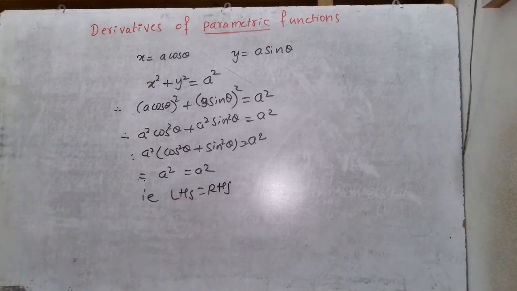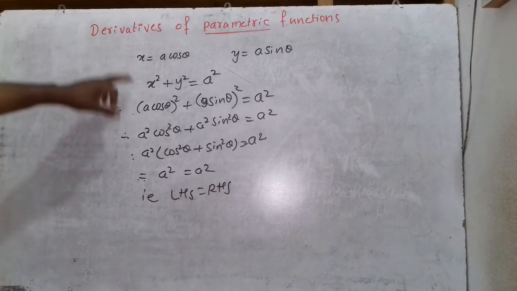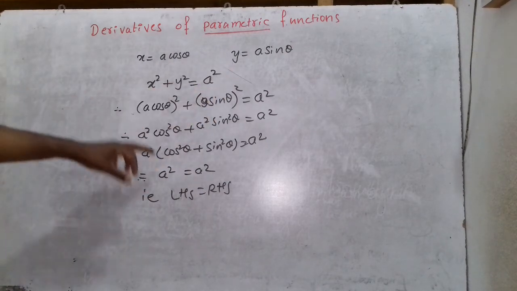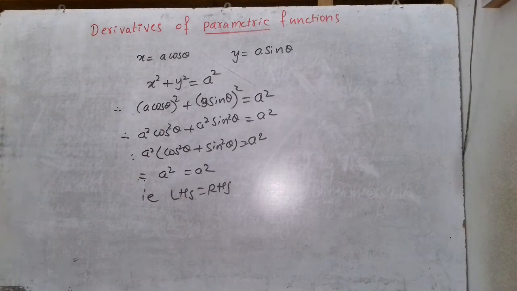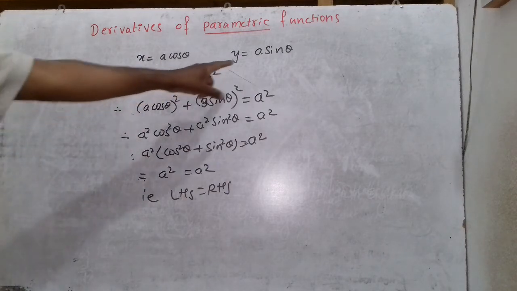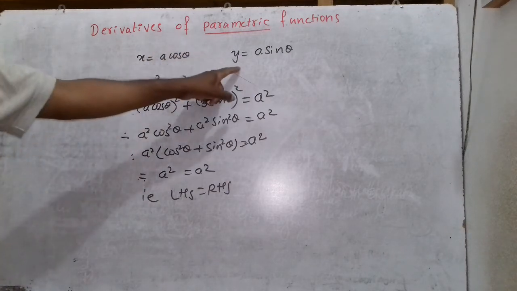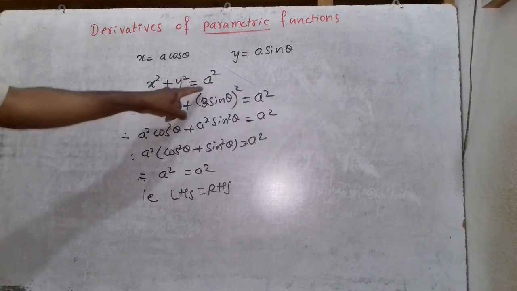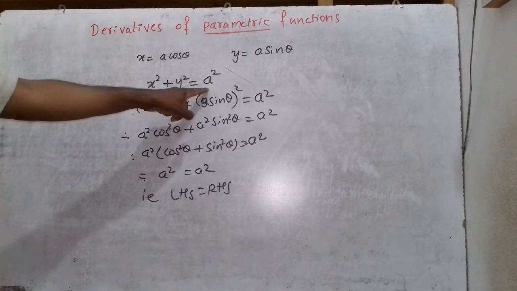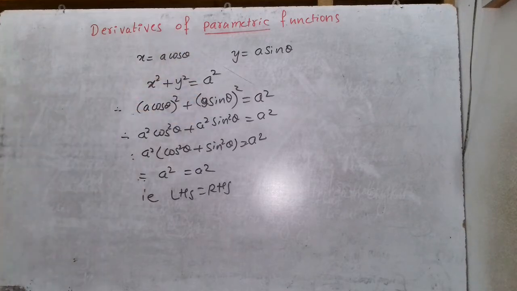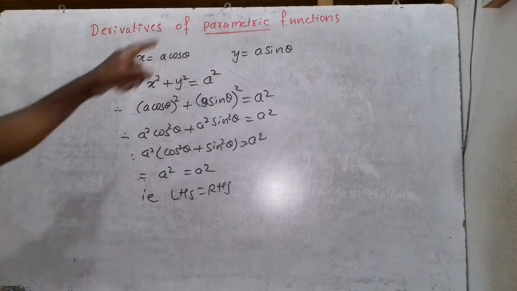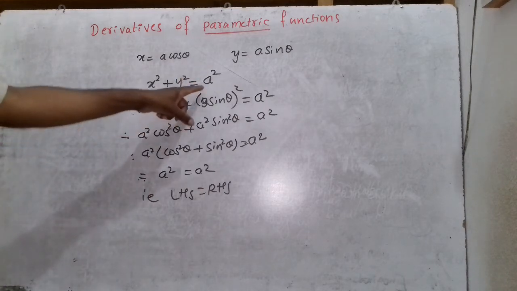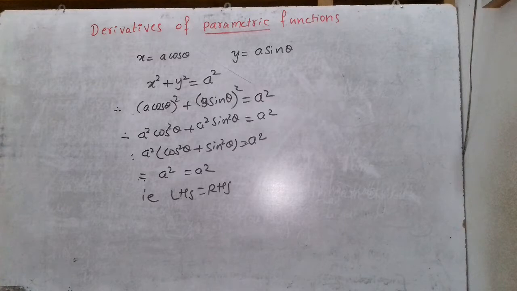So by substituting the values x equal to a cos theta, y equal to a sin theta, we get LHS equal to RHS. That means these two equations x and y together satisfy the equation x square plus y square equal to a square, that is the equation of a circle with origin as center and radius a.